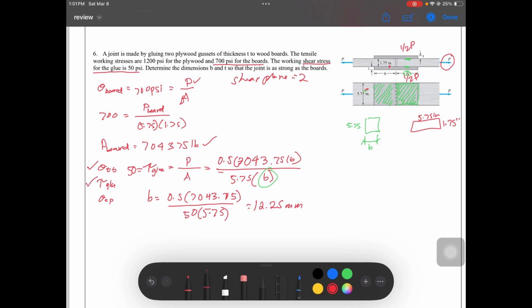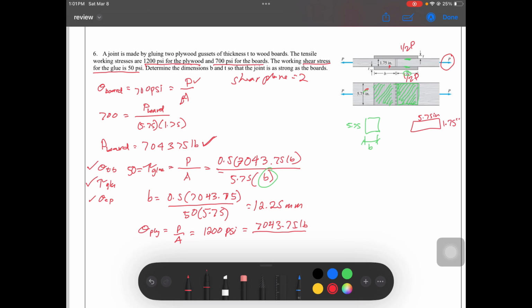So, nagamit na natin si glue. Punta na tayo sa tension yielding ng plywood. So, tension yielding ng plywood, force over area. So, ano yung tension yielding ng plywood? It is 1200 PSI. Ano ang actual mo? Sabi nga niya, ito ang gagamitin. 7043.75 LB all over.